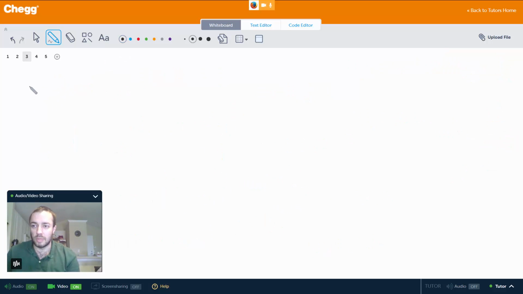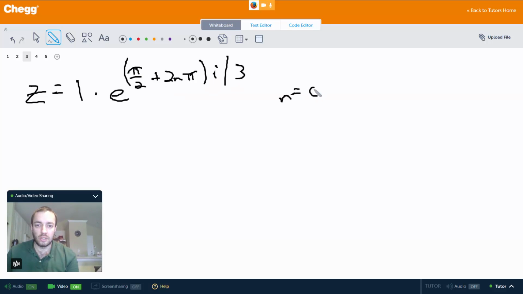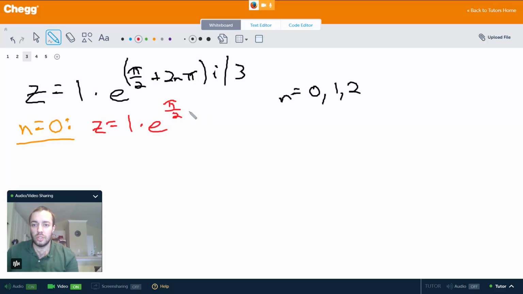So just to recap real quick, we have z equals 1 times e to the (pi over 2 plus 2n pi) times i over 3, where n goes from 0 to 2, all the integers, 0, 1, and 2. So now all we have to do is plug in these values of n and see what we get. So when n equals 0, we have z equals 1 times e to the (pi over 2 plus 2 times 0 times pi), and then that whole expression multiplied by i over 3.